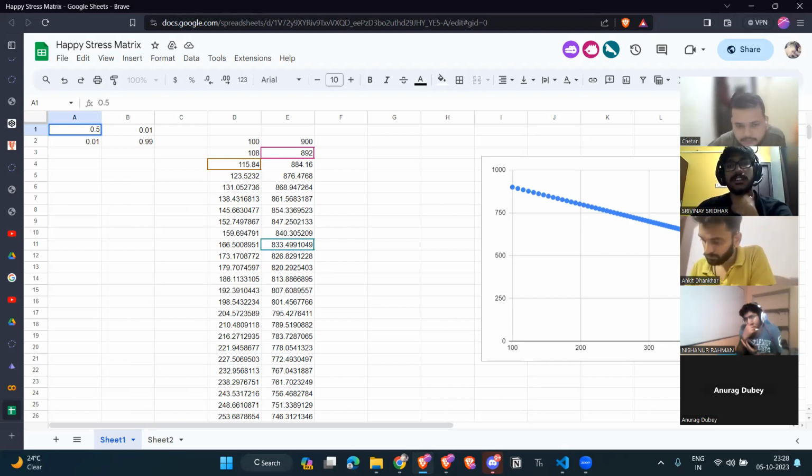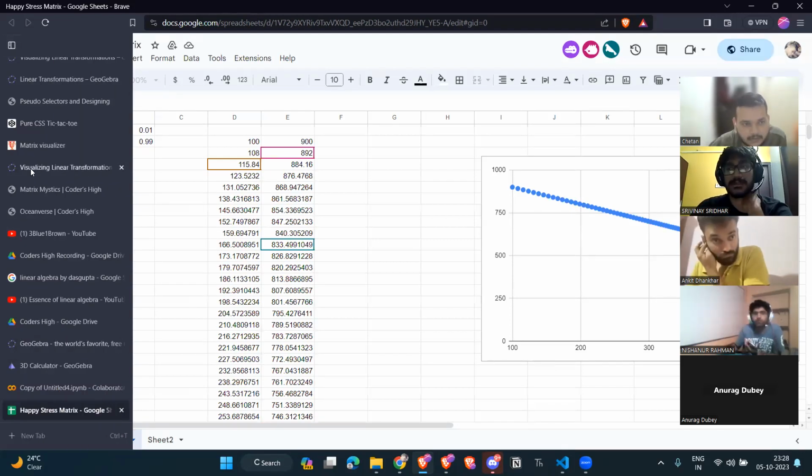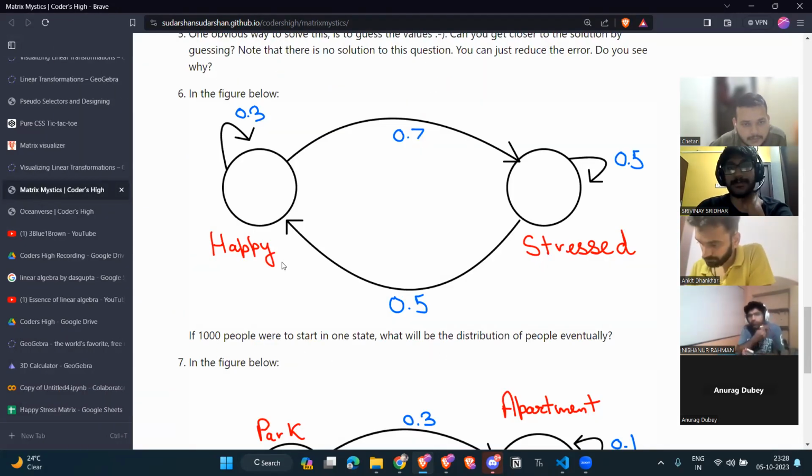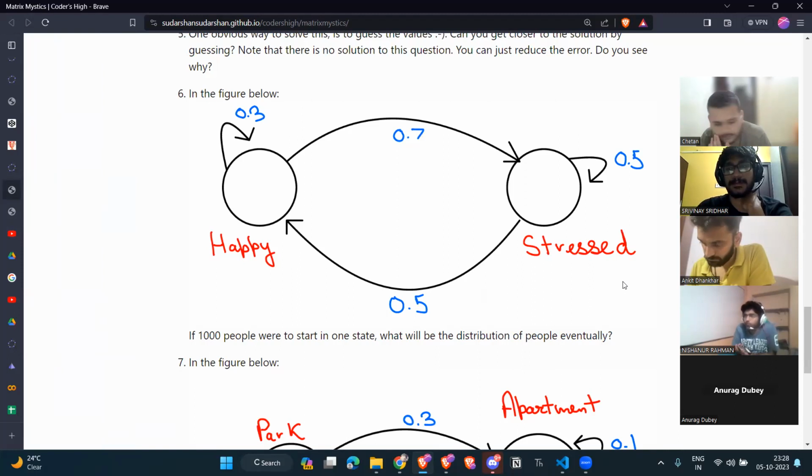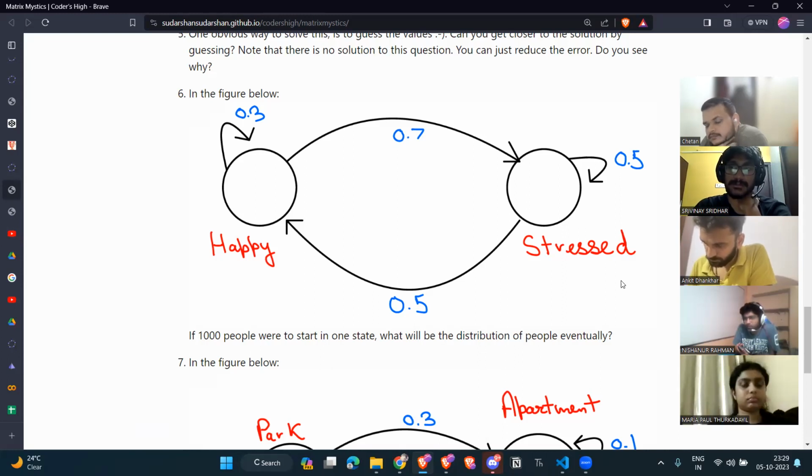Nishan, do you understand the question? I guess there is an iteration going on: there is 100% happy people in a room, and then 0.7 of them, 70% of them become stressed, while 30% of them remain happy.